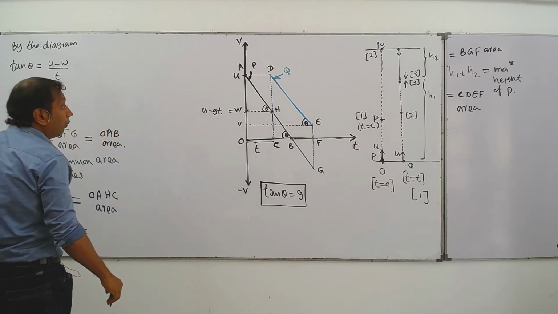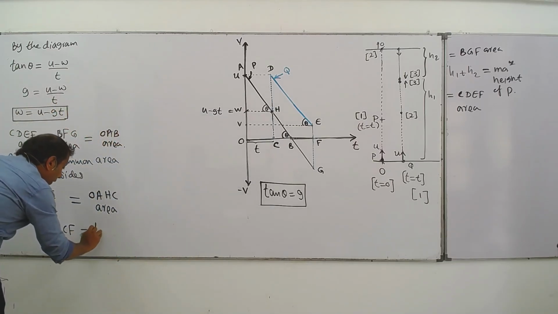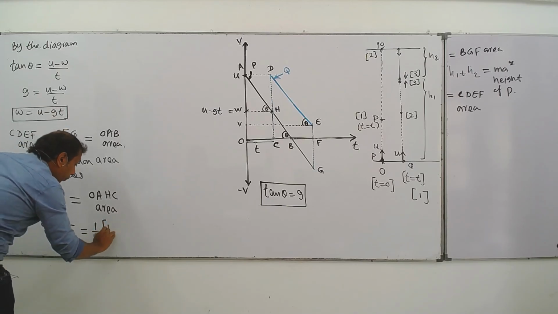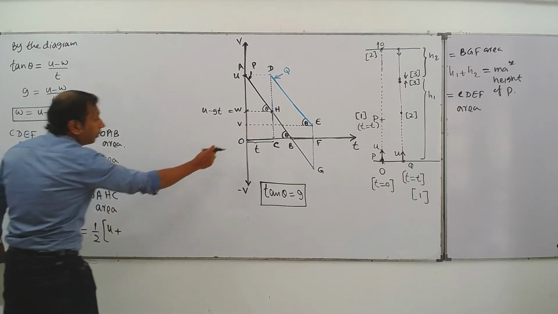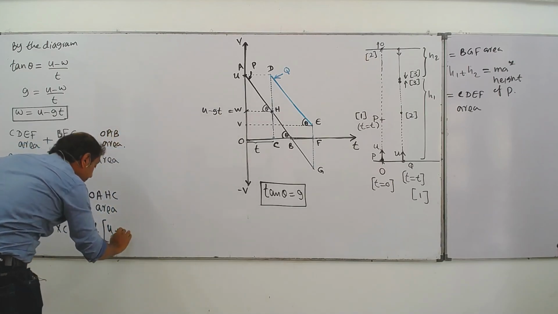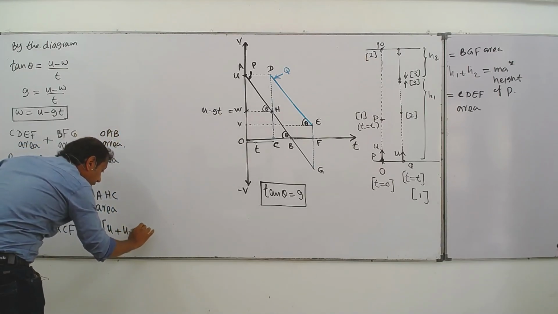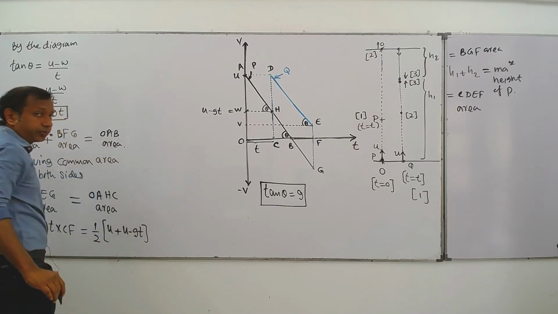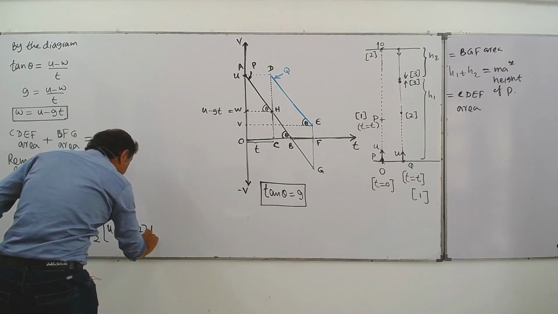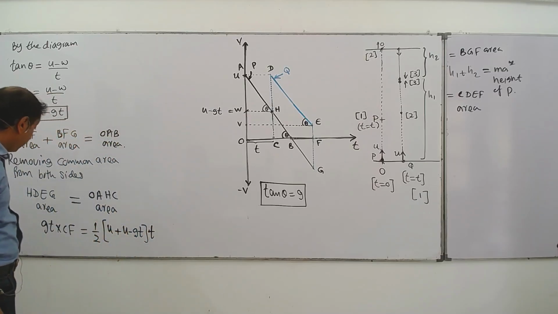So then OAHC we can write half, U is this height, other height is U minus GT, sum of the parallel sides into perpendicular height. This way we get. Right.